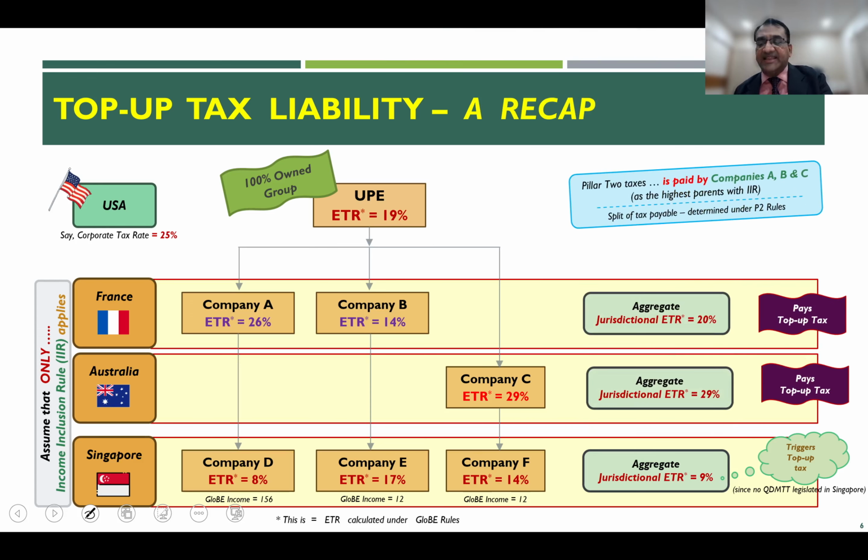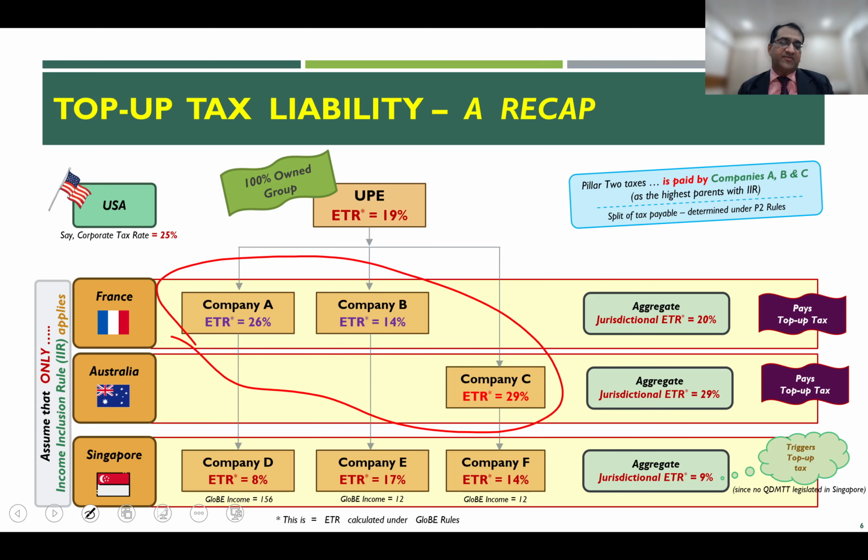Because in this case the top-up tax liability is triggered by Singapore entities, the Pillar 2 taxes will be paid somewhere in between by these 3 entities. Why? Because for the ultimate parent entity here, IIR is not legislated, and therefore this entity will not be paying the Pillar 2 related taxes.